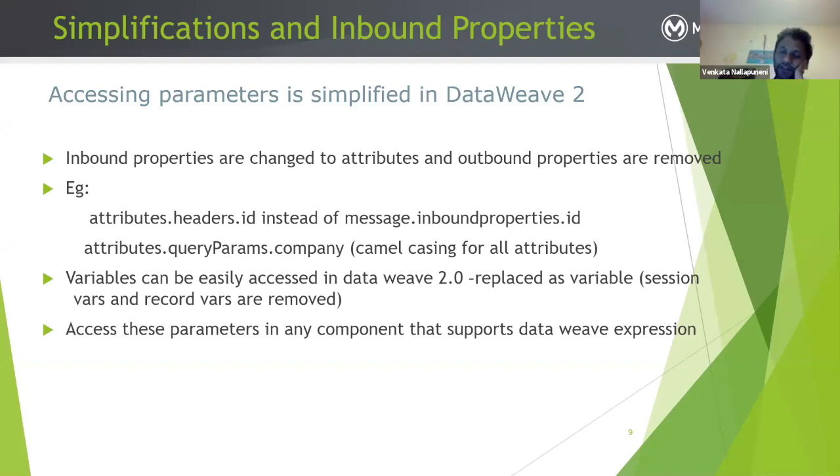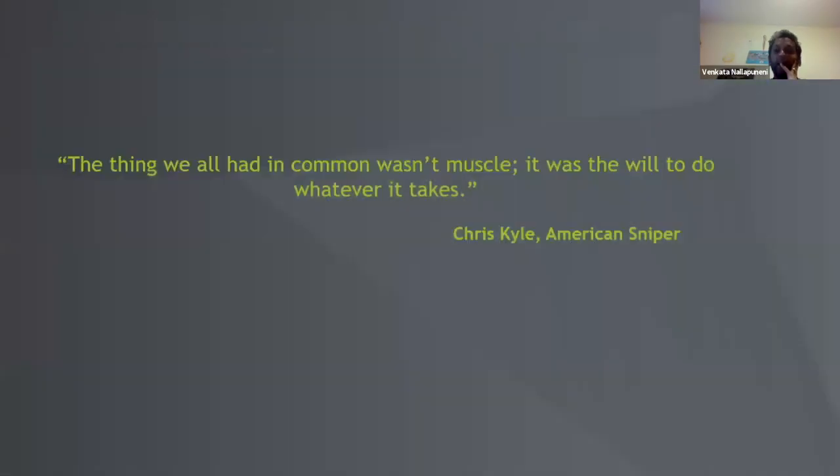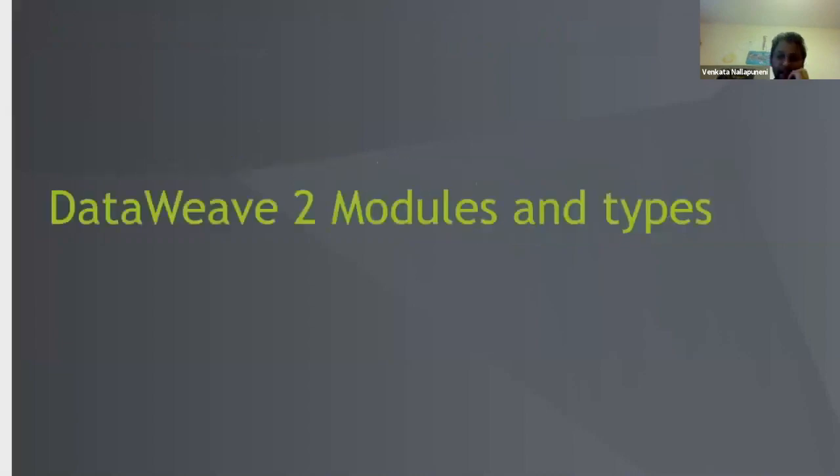Dataweave 2 has a capability where we can extract these attributes directly in Dataweave 2 itself. Attributes, payload, or any other parameters, query params like that, we can extract them in Dataweave itself, like we have seen. We can do whatever it takes.